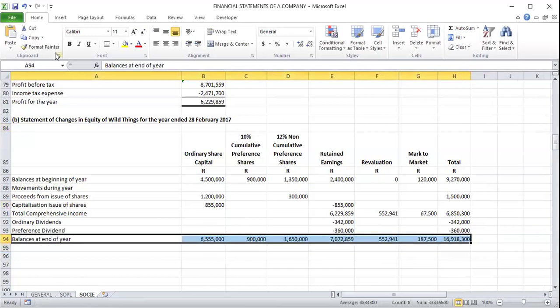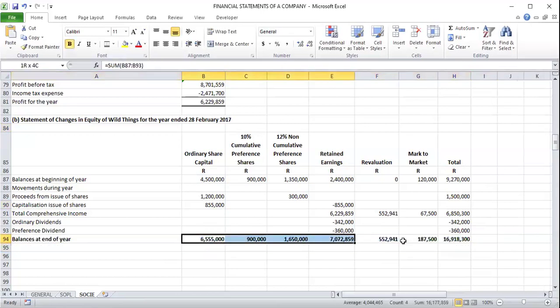So that's our statement of changes in equity. Any questions there?